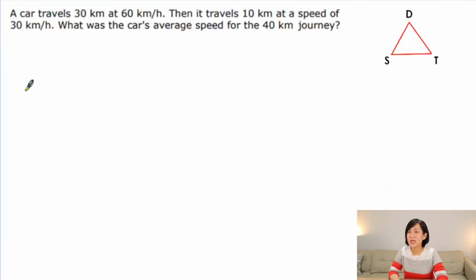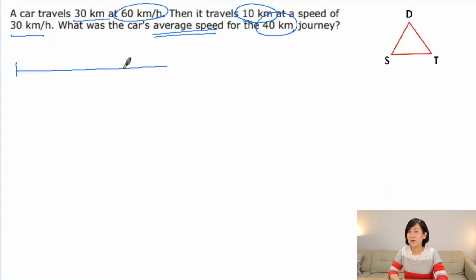A car travels 30 km at 60 km per hour, then it travels 10 km at a speed of 30 km per hour. You can see the different speeds. So what was the car's average speed for the 40 km journey? Now, a drawing is always really helpful. So, a distance of 30 km, and the speed is 60 km per hour.